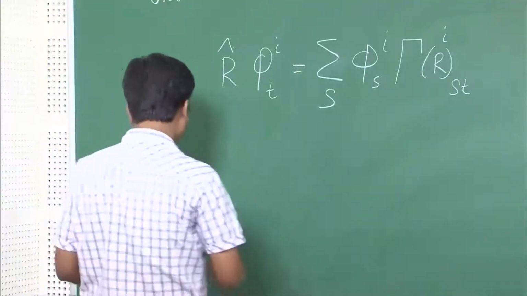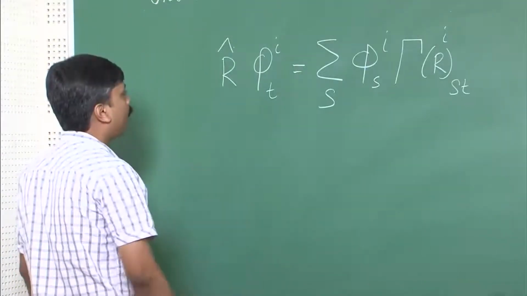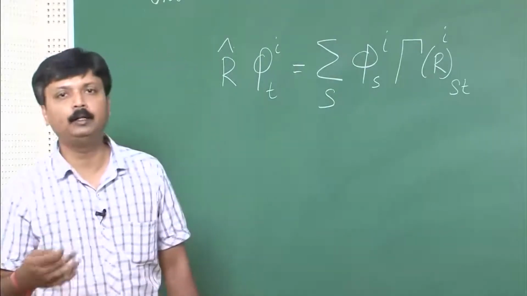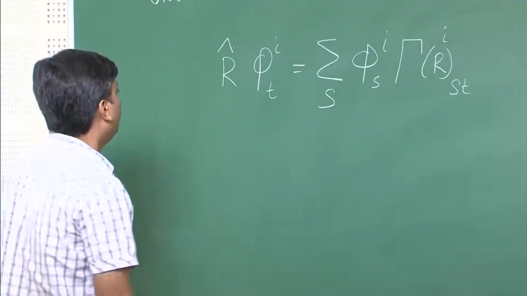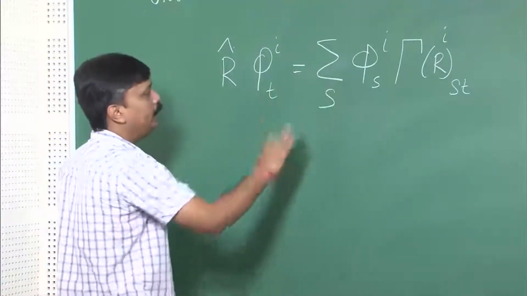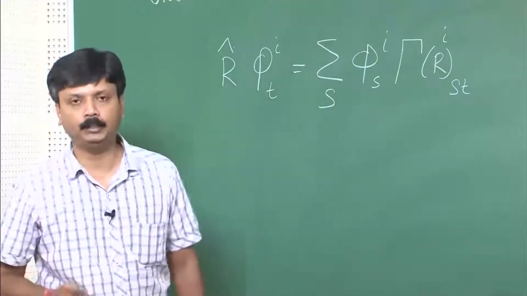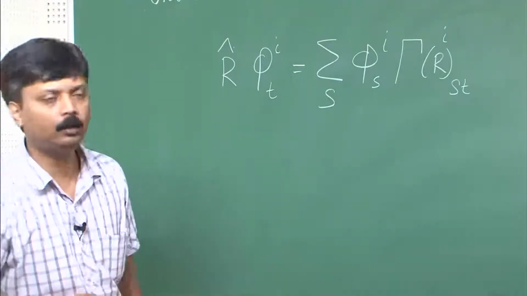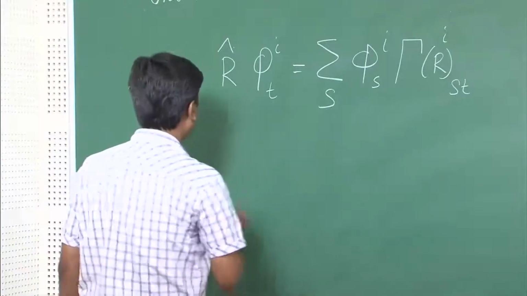All right. So now, in order to find out how to get the projection operator, I will multiply both the sides with another representation for a jth irreducible representation, say.